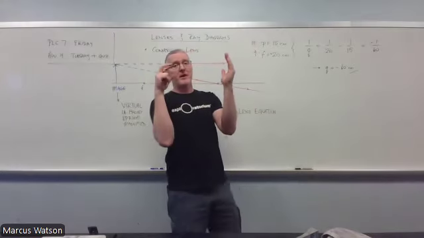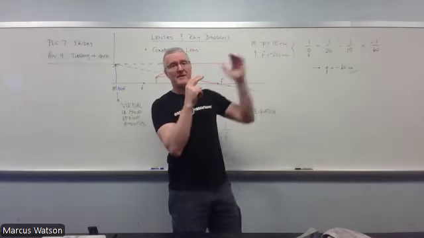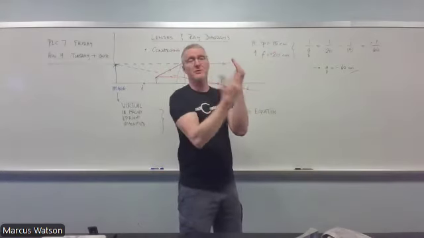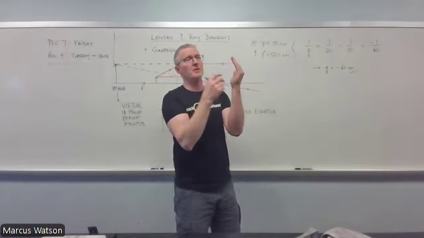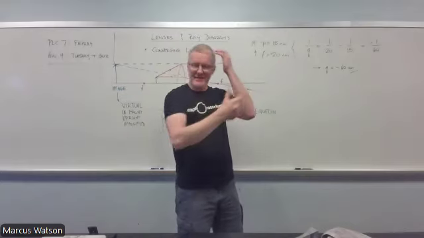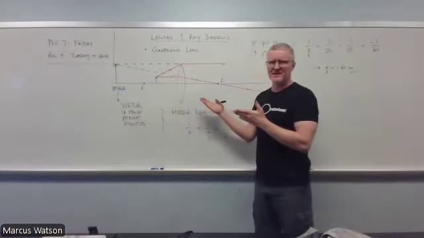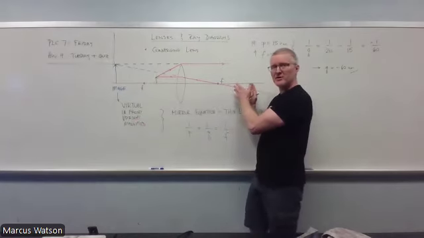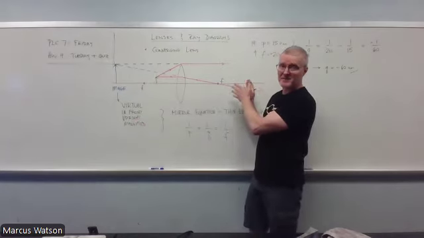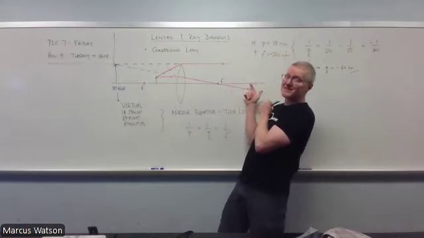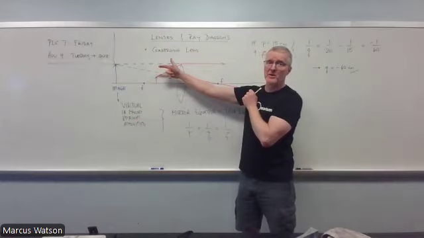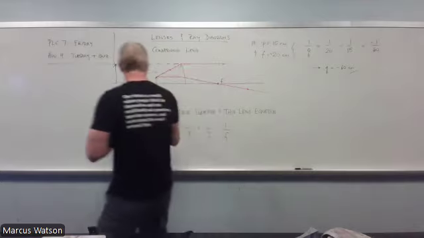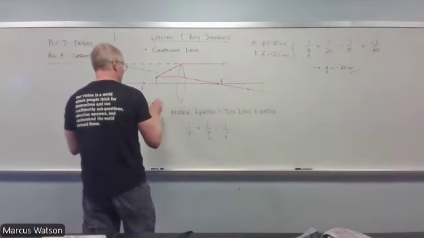If the light bounces off, but then is diverging, and we find that the image is back here behind the mirror, we called that a negative image distance. It's a virtual image because there's no light back here. Well, the same thinking is going to be okay for us here. The light is supposed to be passing through the lens. If it makes an image over here, we call that a real image with a positive image distance. But it didn't. It made it back there, and so we call this a negative image distance since it's a virtual image. Virtual image has Q less than 0.